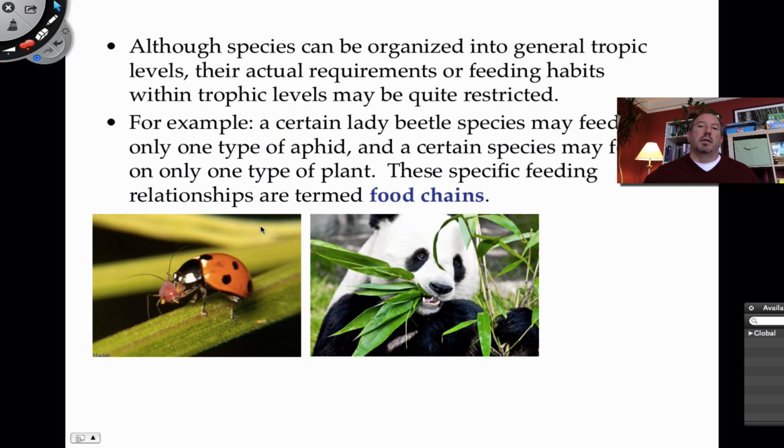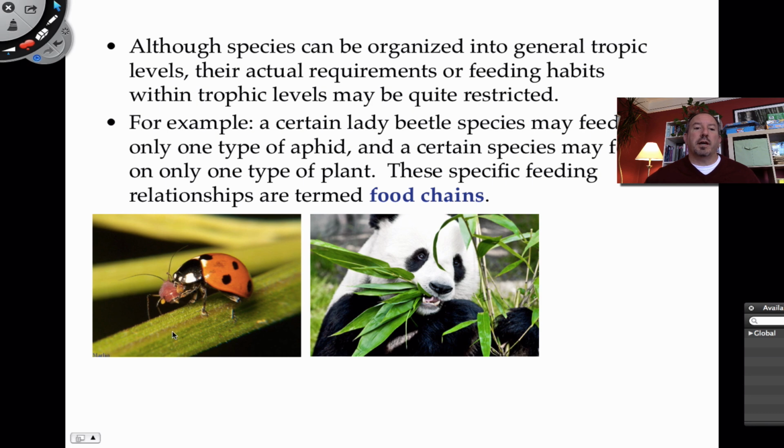And so what's interesting about a food chain is not only that it's important, but that sometimes it can be really quite restricted. In other words, it really is kind of a chain where A, B, and C link together. Let me give you two examples of that. The ladybug, for example, really loves this one type of aphid.